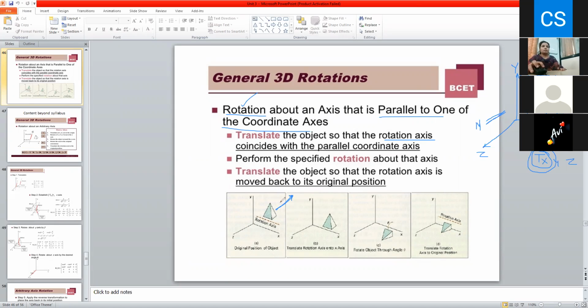Okay, so what I can do for this axis? Question कळालाय सगळ्यांना की next bit काय? Yes, so that is our last bit of this chapter, that rotation about an axis in the space.